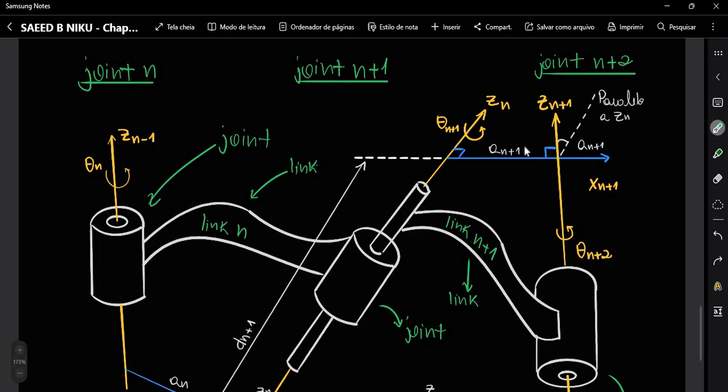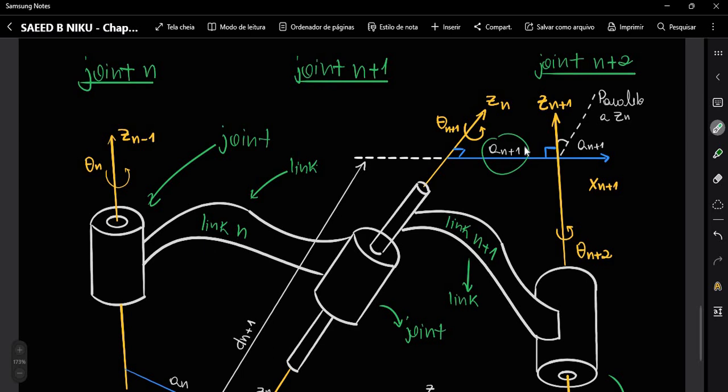The common normal in between this axis is the common normal An plus 1. And so the direction of Xn plus 1 is the same as An plus 1.